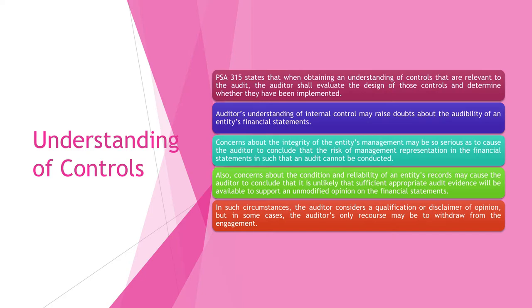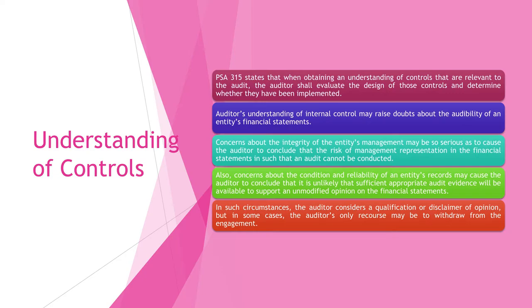That is modified opinion. Okay, but sometimes it's just too much of a risk that you're no longer willing to take, and therefore you would have to withdraw from the engagement. So it's important for you to understand the controls, because the controls would actually guide you in planning your audit.